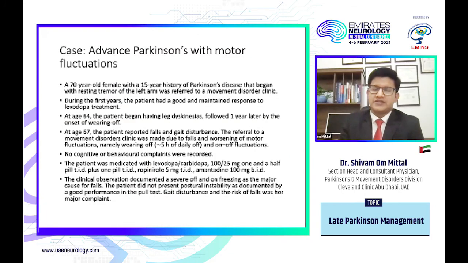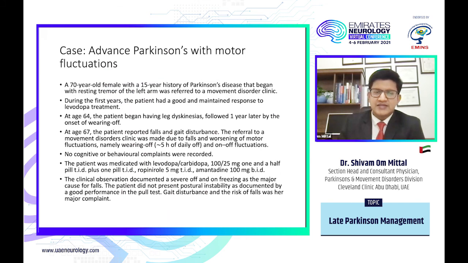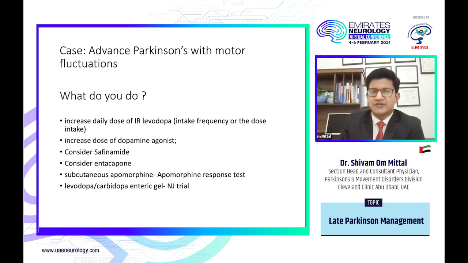So we'll discuss another case of advanced Parkinson's with motor fluctuations, a 70-year-old man with a 15-year history of Parkinson's, referred for tremor in his hands. He had a lot of dyskinesias and wearing off, and he had severe off and on freezing as a major cause for falls, and the falls were a major concern for this patient.